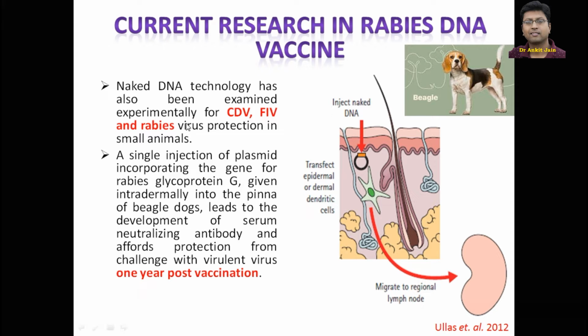So we have to look forward to the production of a DNA vaccine for the rabies virus. DNA vaccines have also been experimentally produced against canine distemper virus, feline immunodeficiency virus, and rabies virus. So what the injected naked DNA will do is, it will be introduced inside the skin, and in the skin it will activate dendritic cells. Then these activated dendritic cells go towards the lymph nodes, and will activate different types of T cell and B cell responses.